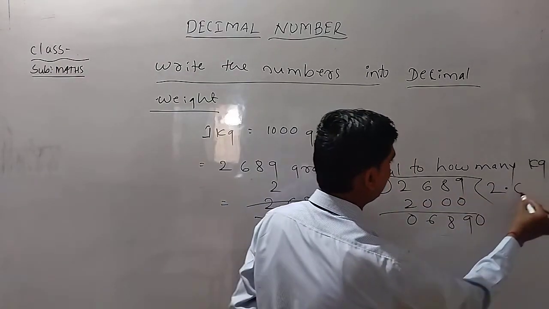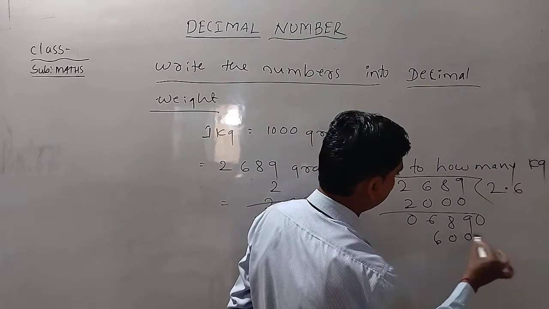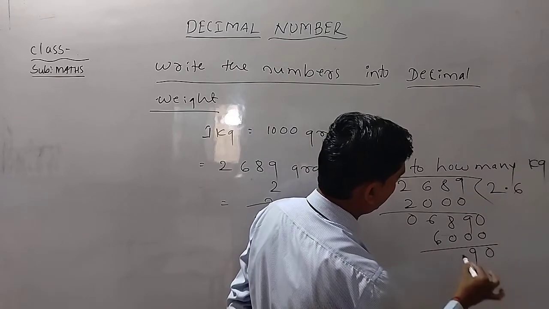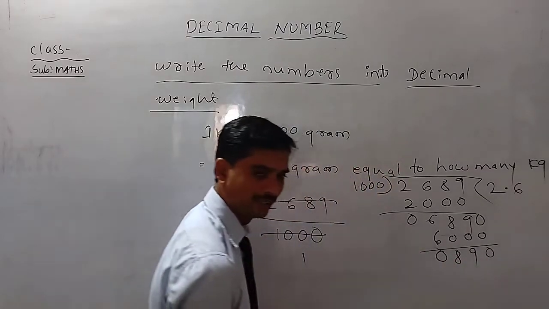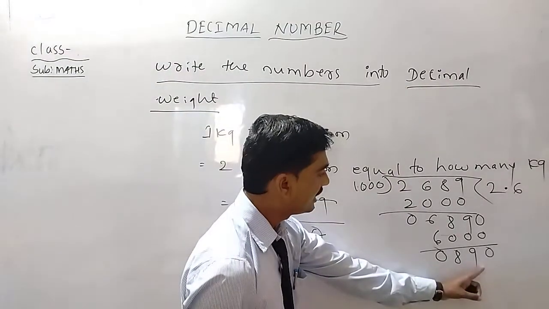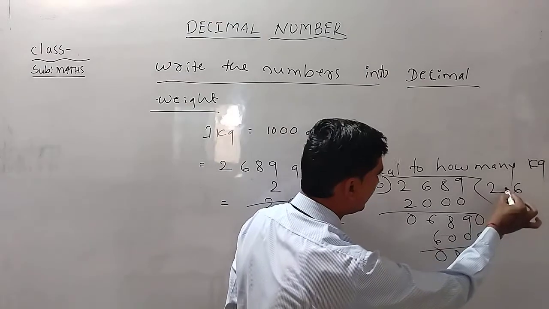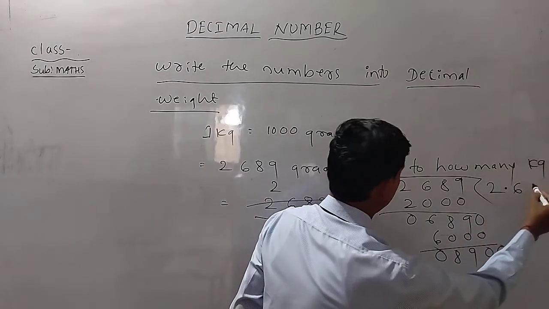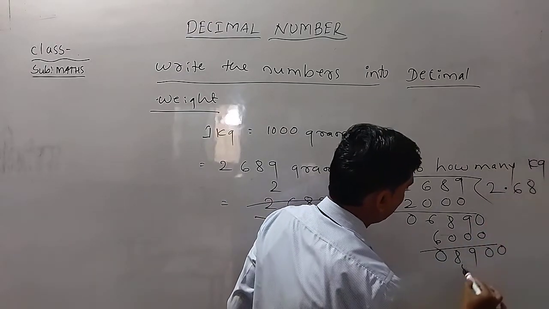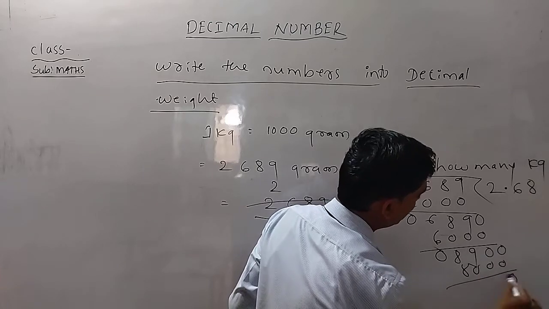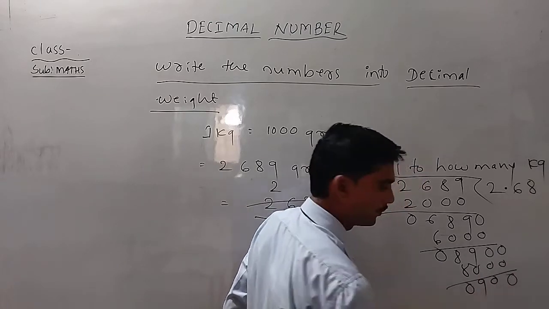Then 6890 is also smaller, so we take another 0. Then 8900.